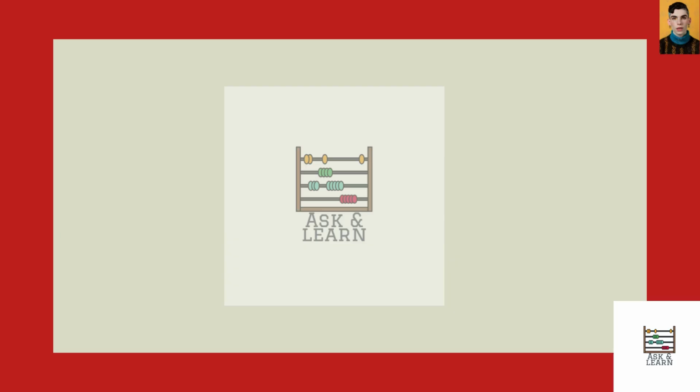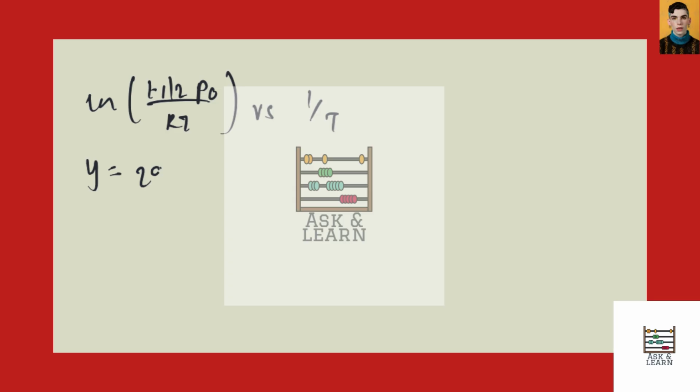Following this, we are able to make another plot, but this time we have ln of T1/2 P0 over RT versus 1 over T. We have a straight line equation, y is 29937x, subtract 28.958. So we can use the y-intercept to calculate K0.